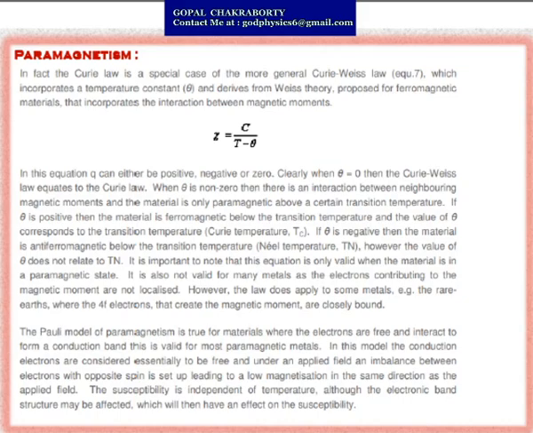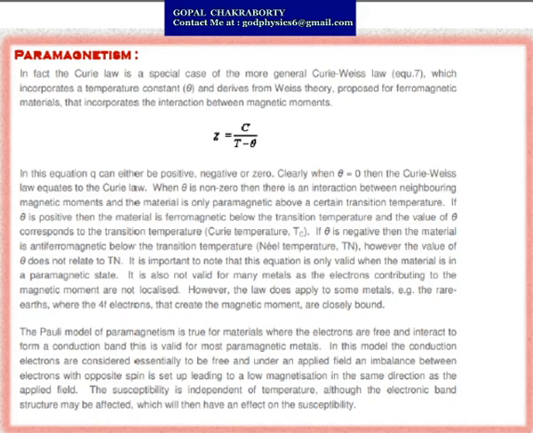Pauli's model of paramagnetism is true for materials where the electrons are free and able to interact in the conduction band. This is valid for most paramagnetic metals.